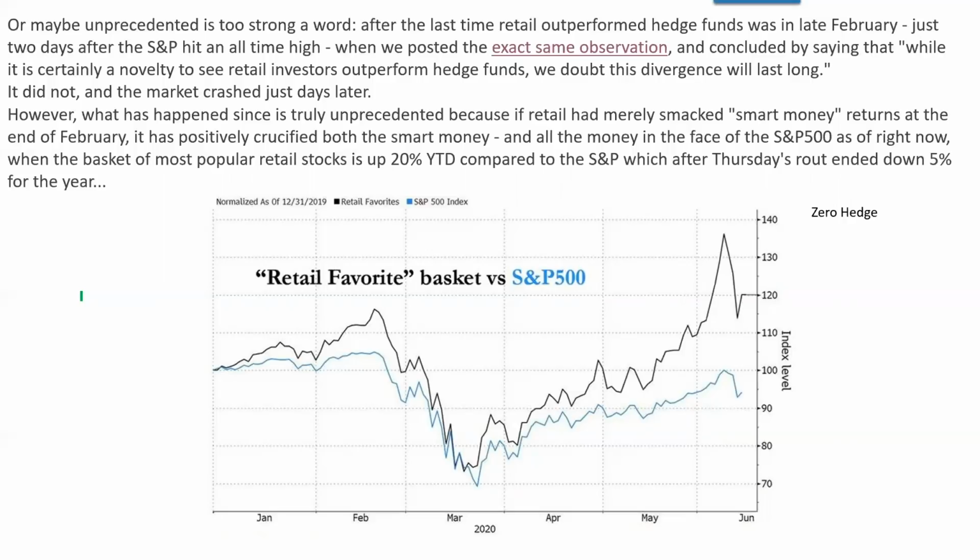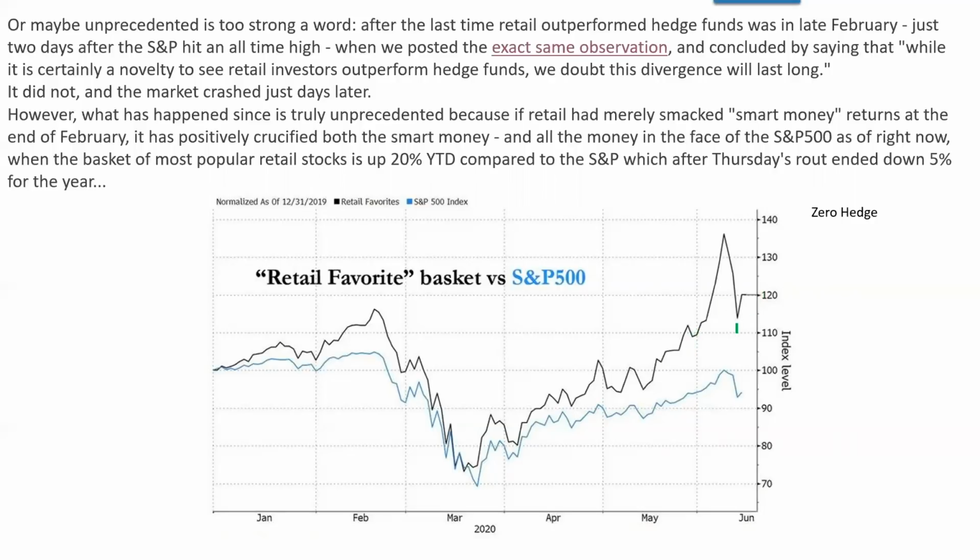However, what has happened since is truly unprecedented, because if retail had merely smacked smart money returns at the end of February, it has positively crucified both the smart money and all the money in the face of the S&P 500 as of right now, when the basket of most popular retail stocks is up 20% year to date compared to the S&P, which after Thursday's rout ended down 5% for the year."